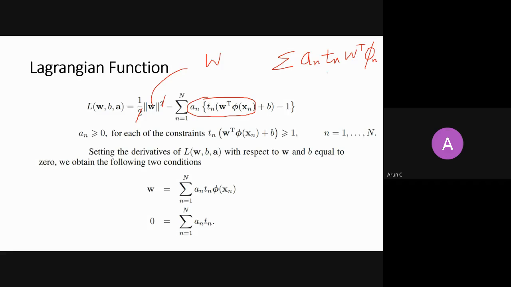So when you take a derivative of every term with respect to w, you will get a_n t_n phi_n, and for every term, there are n terms, so you will get a_n t_n phi_n and summation. So w will get away. Hence, this is w plus summation a_n t_n phi_n. You put it equal to 0, right?